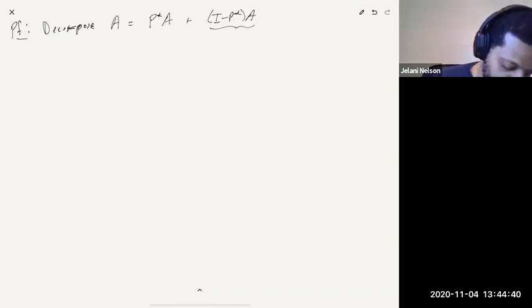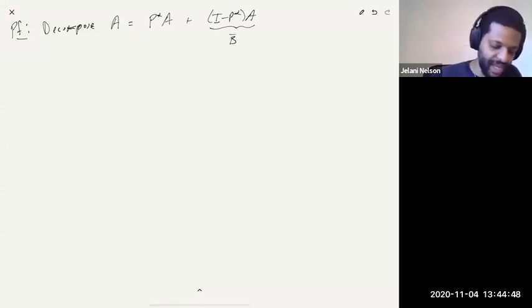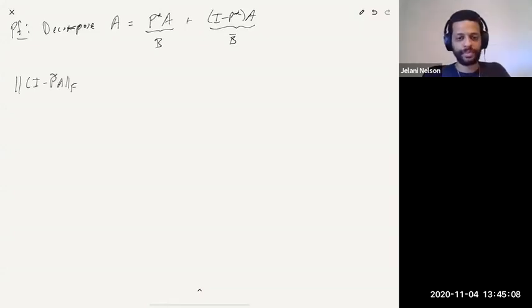And for ease of writing, so that I don't keep writing long things, I'm just going to call this B, and this is B bar. So what do I want to understand? I want to understand the identity minus P tilde applied to A for Frobenius norm.